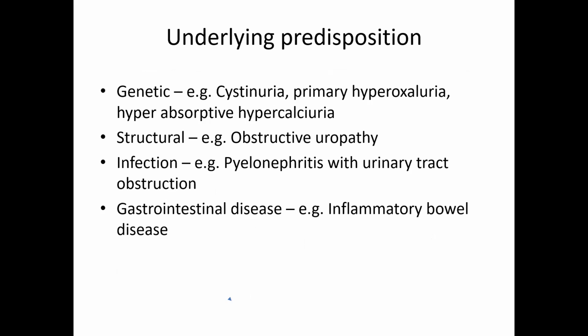Regarding the underlying predisposition to renal stones, there are some modifiable and unmodifiable risk factors. I'm not going to discuss modifiable risk factors here because I'm going to discuss all these risk factors throughout my presentation.